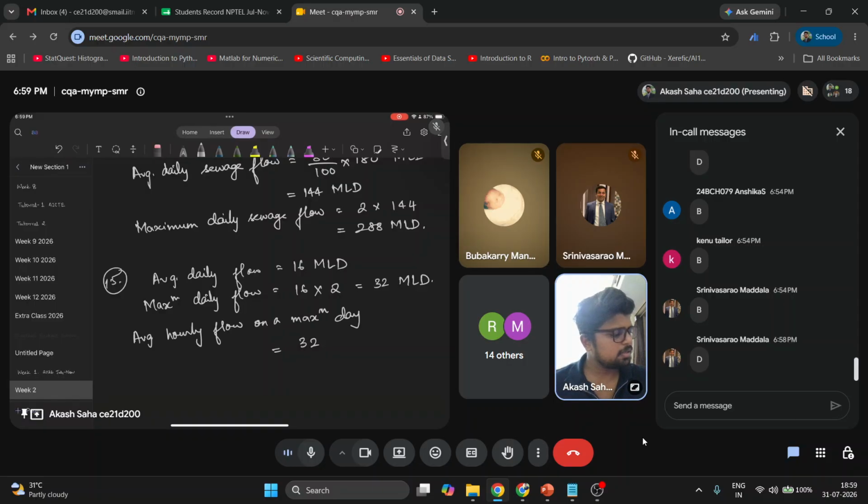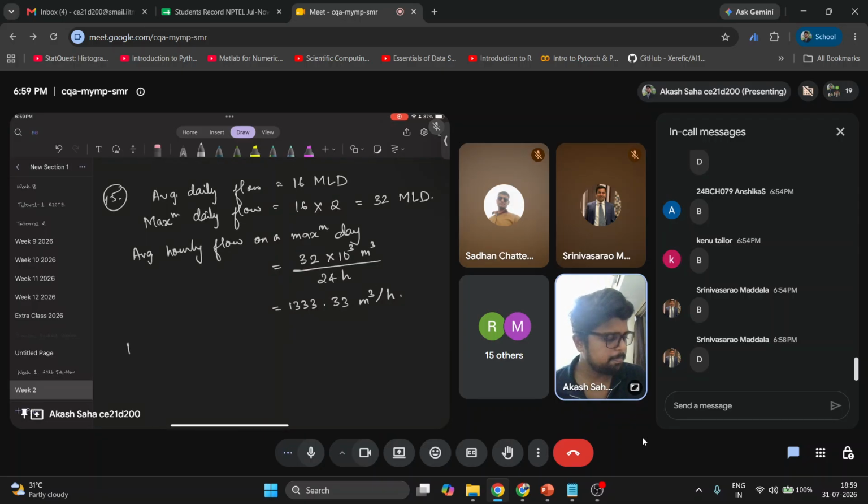So instead of ML, I am writing it as 10 to the power 3 meter cube, which is the same as million liters, divided by 24 hours. So this would be 1333.33 meter cube per hour. We have to change to per hour.